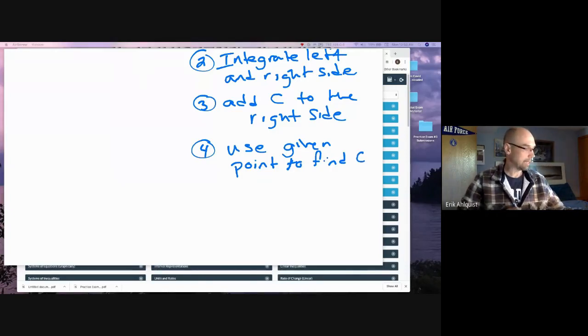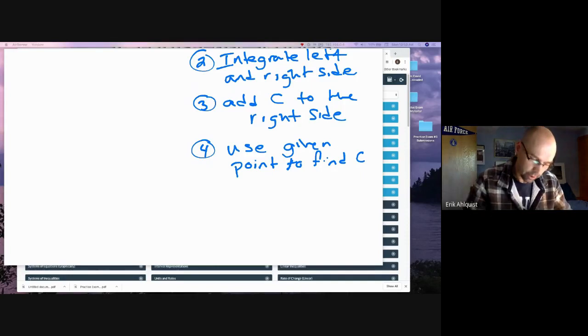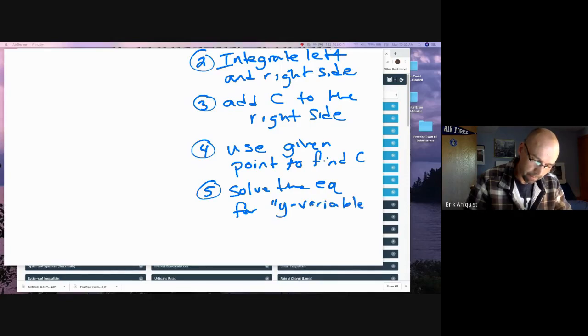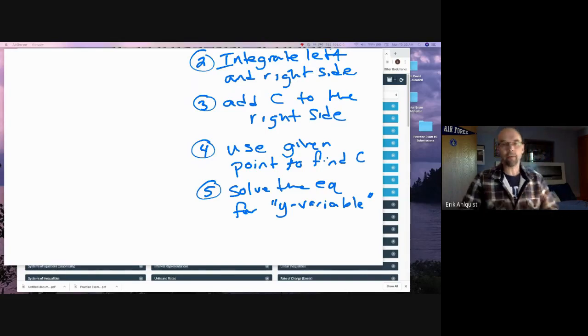And the last thing that you need to do is solve the equation for the, and I'm going to put it in quotes, the y variable. Whatever the y variable is, whether that's the independent variable or the dependent variable, that's what you're going to solve for.